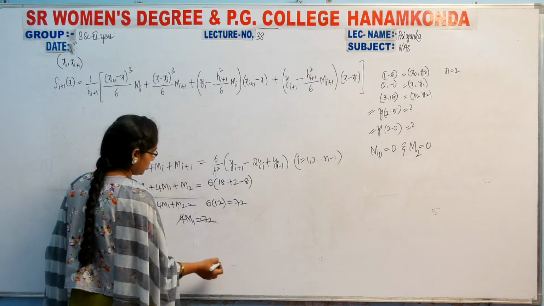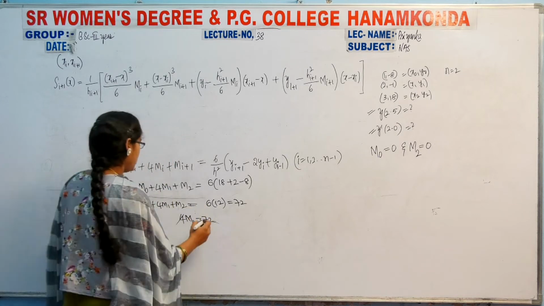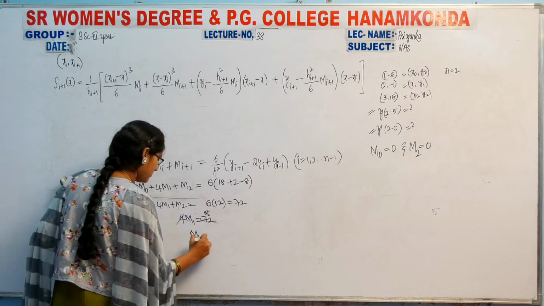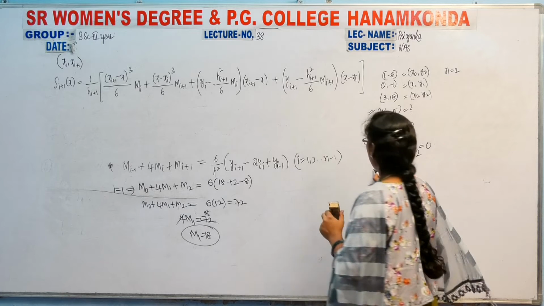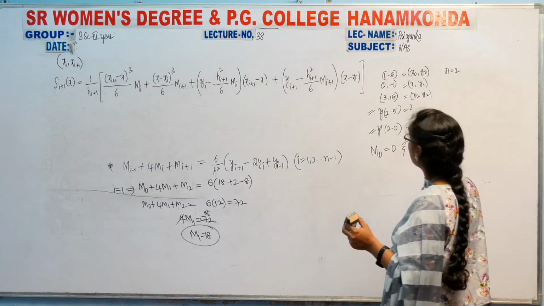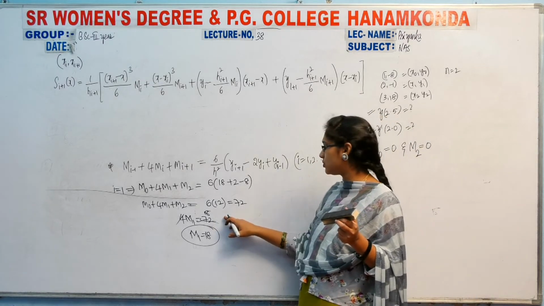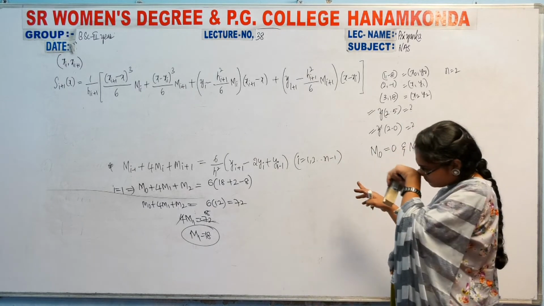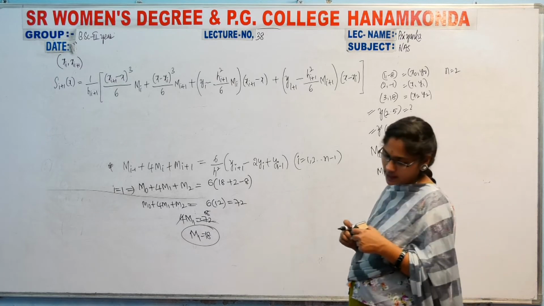Here what we get, 4 ones are 4, 4 eights are 32, yes, m1 is equal to 18.